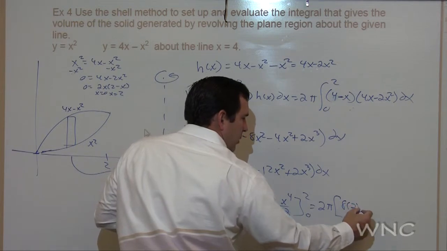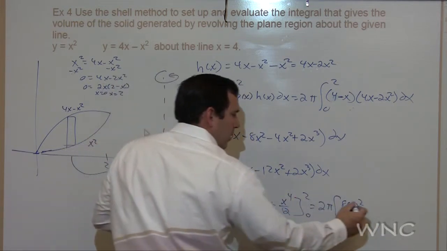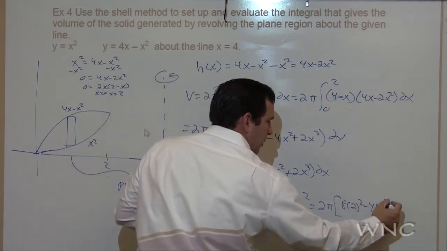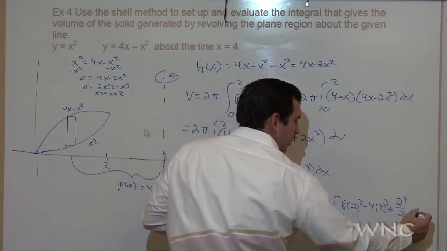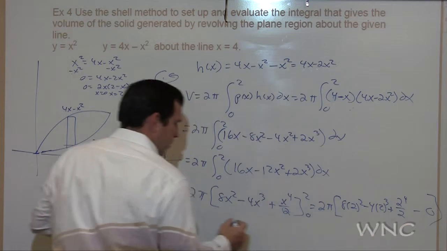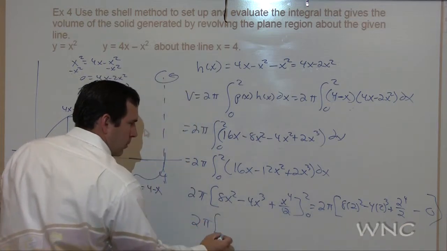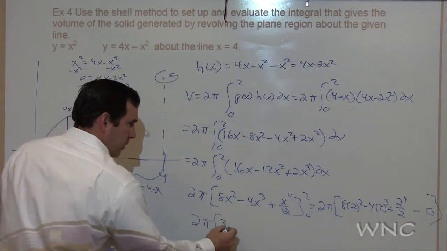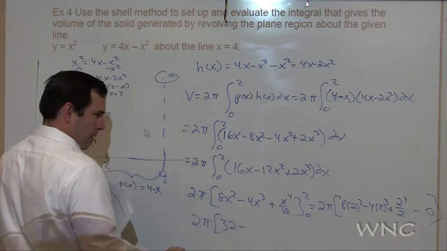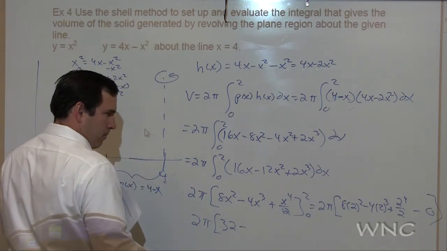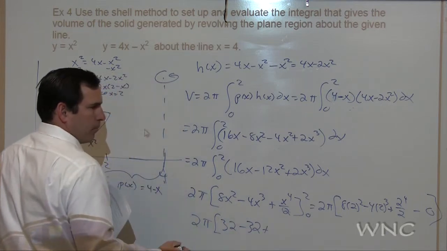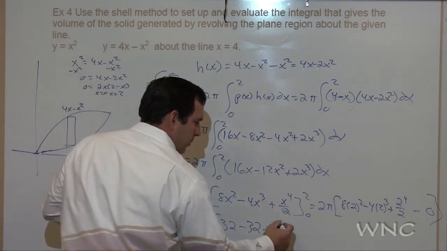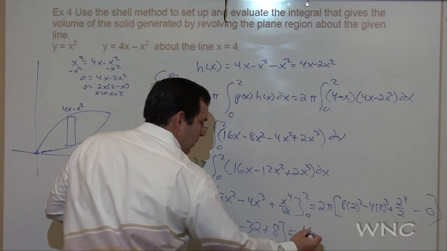Eight times 2 squared minus 4 times 2 cubed plus 2 to the fourth over 2, all minus 0. It's 32 minus 32 plus 8. Looks like it's 16 pi.